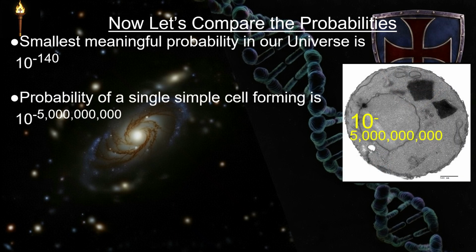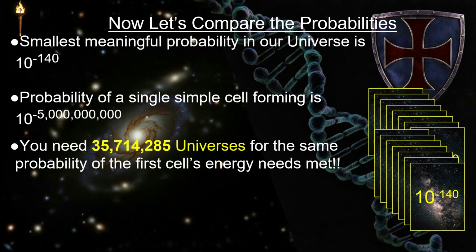Let's contrast our smallest meaningful probability in the universe, which is 10 to the minus 140, with the probability of a simple cell forming, which is 10 to the minus 5 billion. Doing some simple math, you would find that we need 35,714,285 universes to have the same probability of the first cell's energy needs being met.